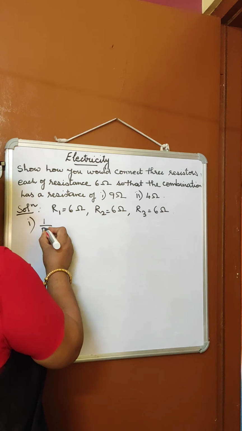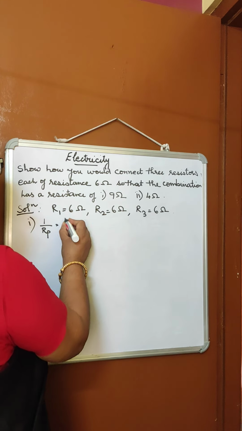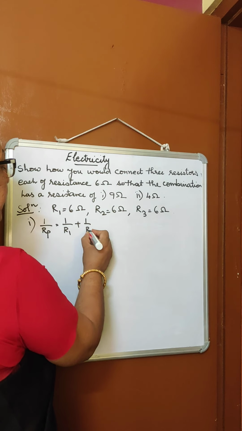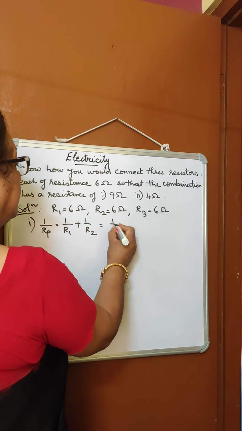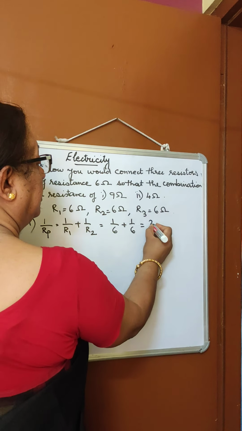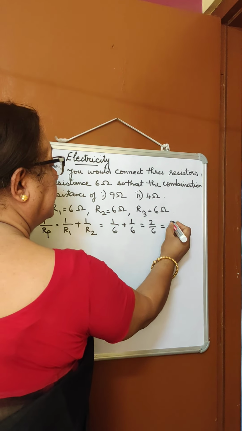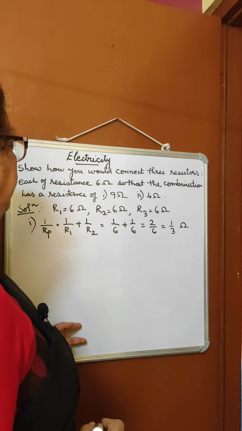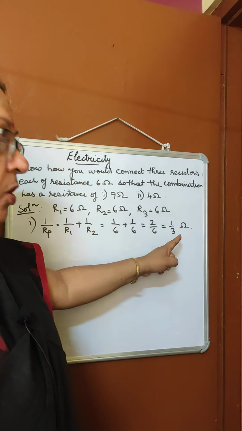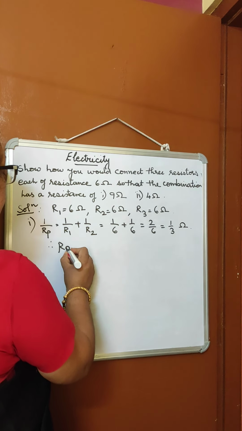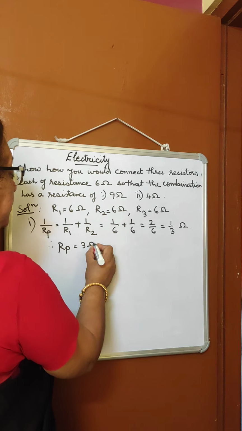So the equivalent resistance will be 1 by Rp equals 1 by R1 plus 1 by R2, that is 1 by 6 plus 1 by 6, 2 by 6, that is equal to 1 by 3 ohm. Therefore Rp will be 3 ohms.